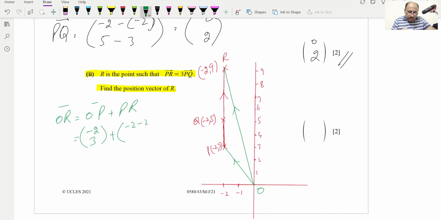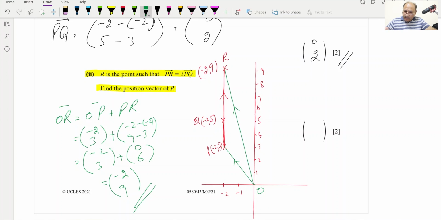and next will be 9 minus 3, and this will basically be 9 minus 3 over here. So this will be -2 and 3, plus this which will be 0 and 6, and now we can add these two. So it will be -2 and 9, and this will be the final answer which we can provide over here, -2 and 9.